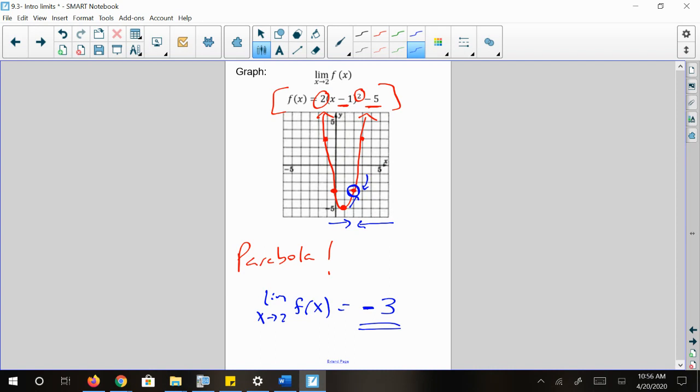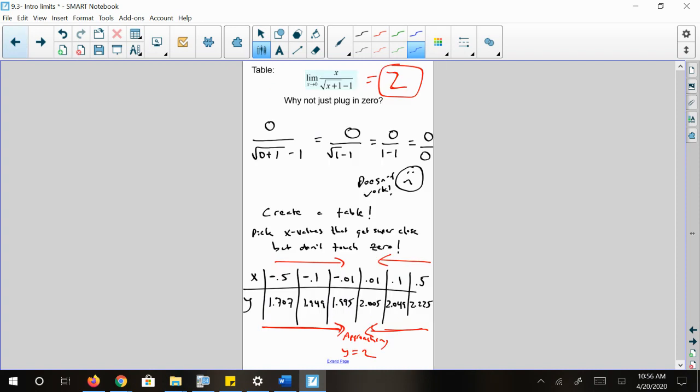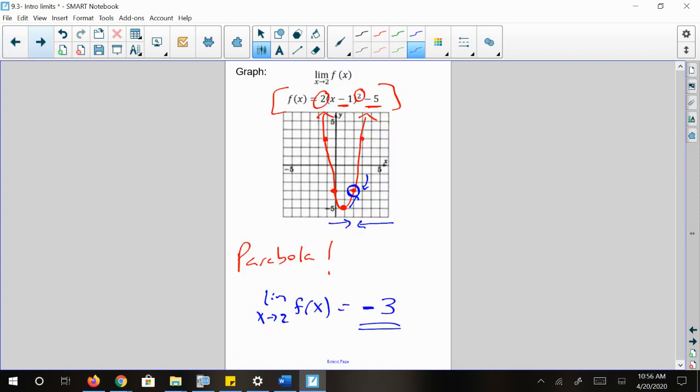Therefore, my limit as we approach an x value of 2 for this function is -3. Okay, so there's a couple of examples of how you can either do this with a table, or if you want to, you can go ahead and graph the function and take a look at it that way, so we can see it visually through a table or through a graph.